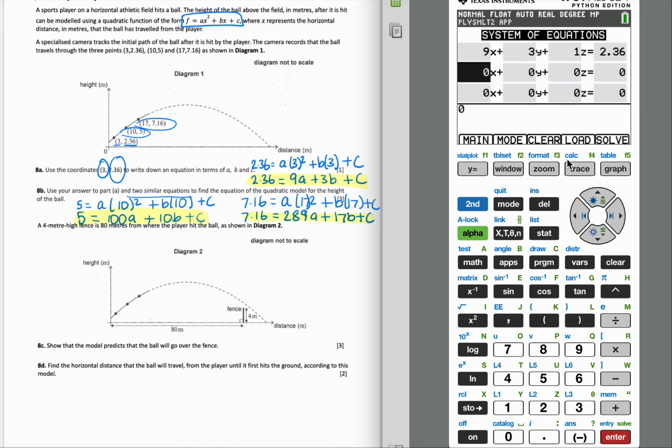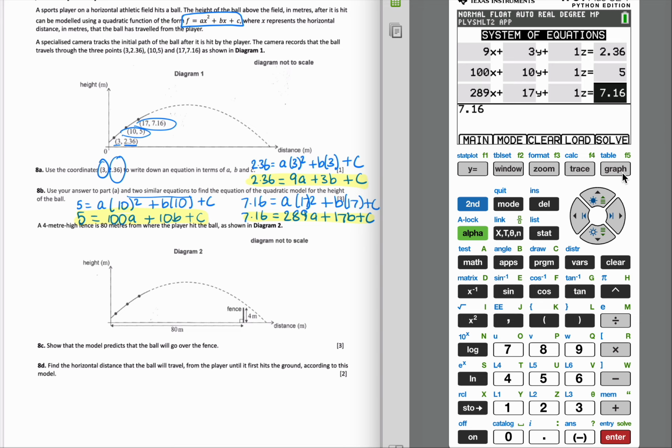And then the second equation, we have 100a, 10b, and 1c, and that is equal to 5. And then the last one, I have 289a, 17b, and 1c. Now we can see there I've made a typo. There we go. And that is equal to 7.16.